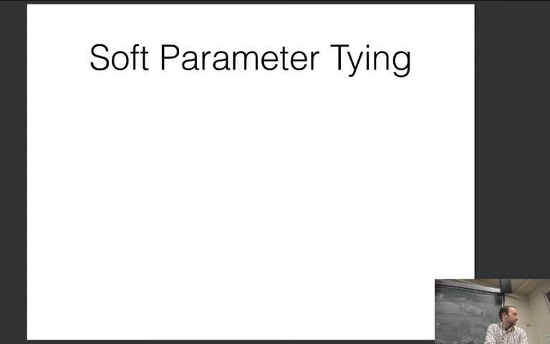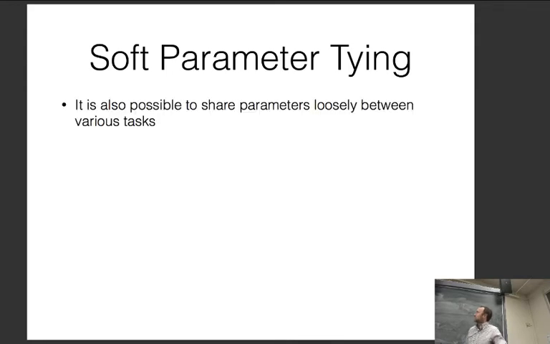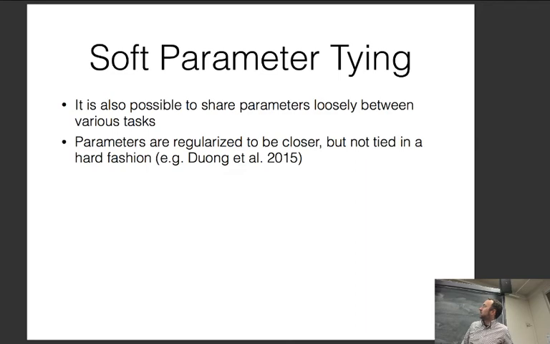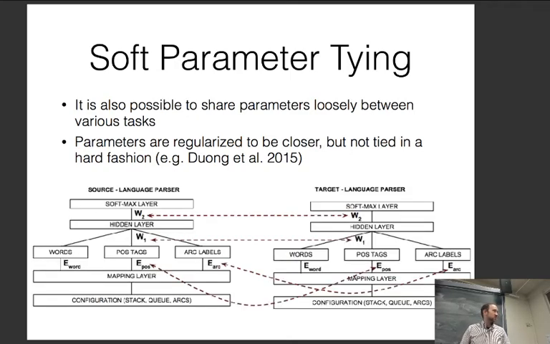Okay. So then another thing you can do is soft parameter tying. This was covered a little bit in the reading, but basically you share parameters loosely between the various tasks, and the parameters are regularized to be closer but not tied in a hard fashion. So the example from this paper is you have things like the hidden layer, embeddings for part-of-speech tags, arc labels, and the softmax layer.